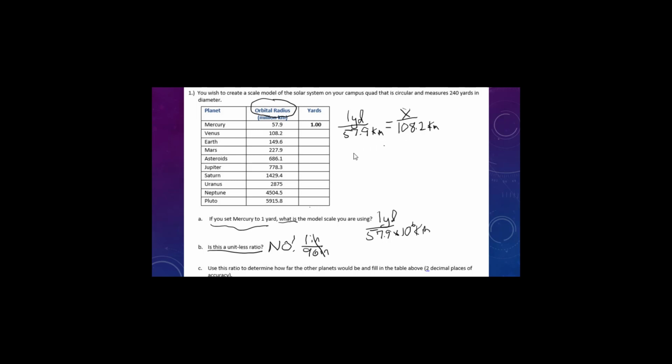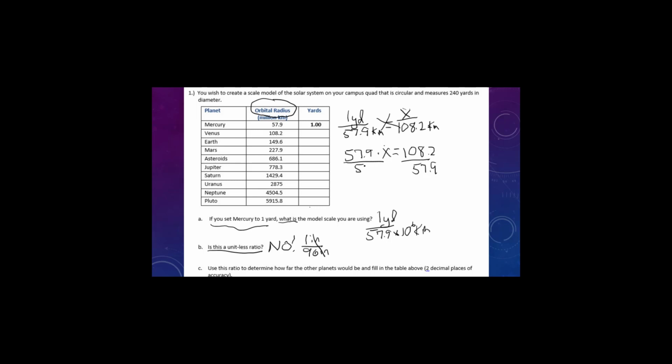So what I'm going to do here is cross multiply, and I'm going to get 57.9 times x equals 1 times 108.2. Divide by 57.9.